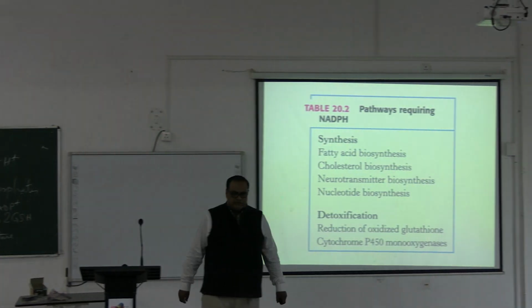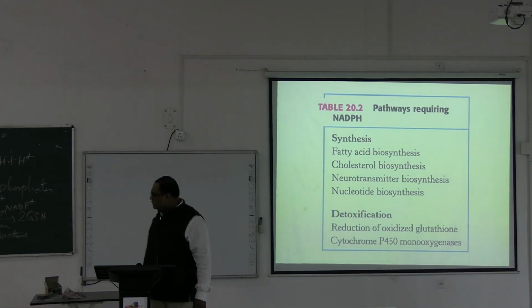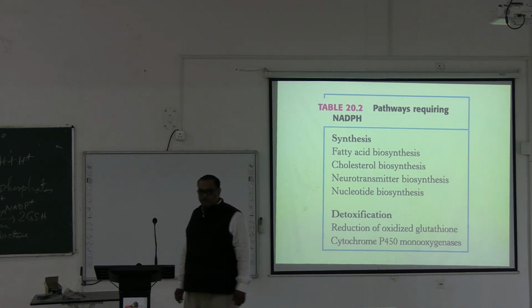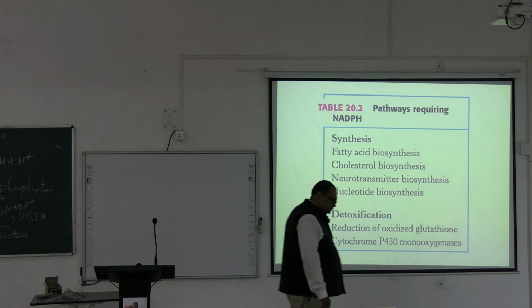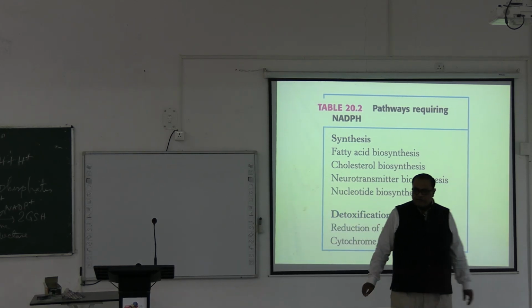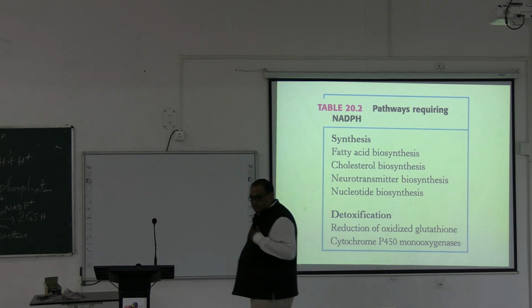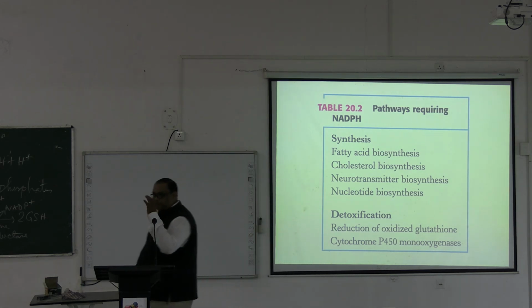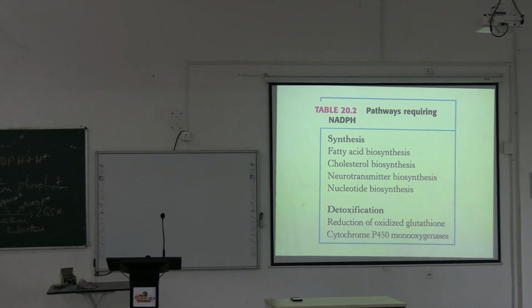Write down this. This particular reaction is so important that without this, RBC will undergo hemolysis. And to run this, we require a continuous supply of NADPH, which is possible only by the HMP shunt pathway.